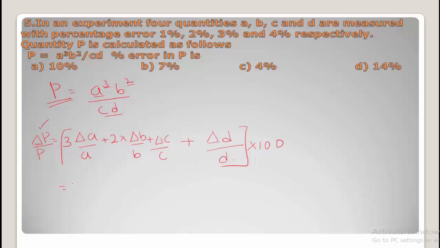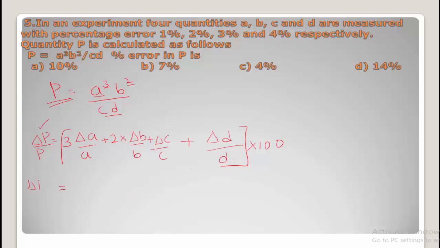So this becomes 3 into delta A by A into 100, and so on. So we are finding the percentage error, isn't it?